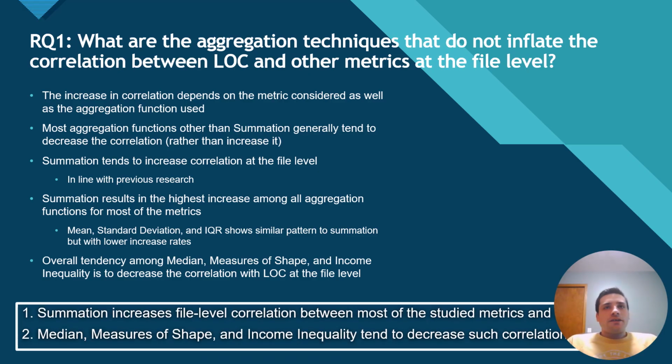So the main points in the results related to this research question could be summarized as: number 1, summation increases file-level correlation between most of the studied metrics and lines of code. And number 2, median, measures of shape, and income inequality tend to decrease such correlation.